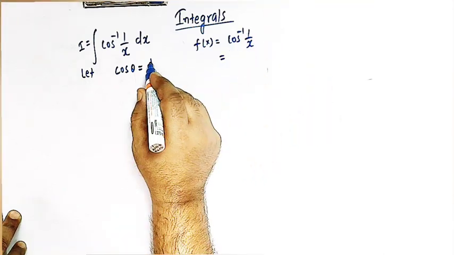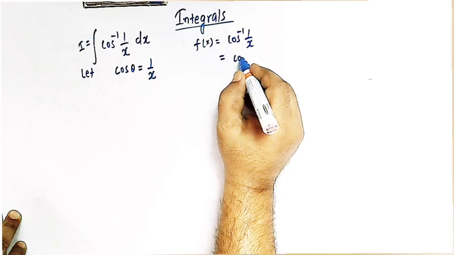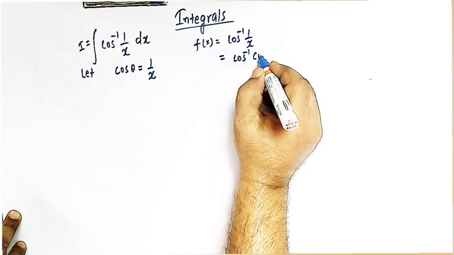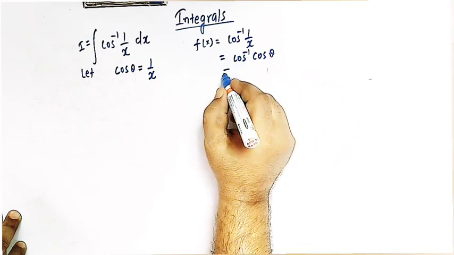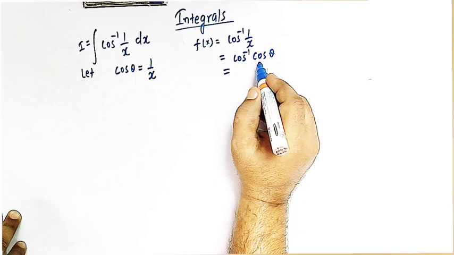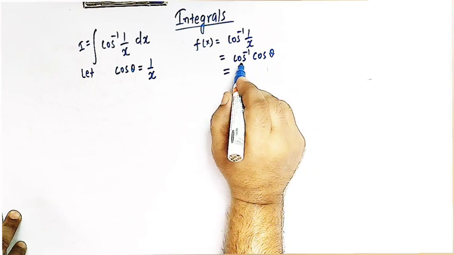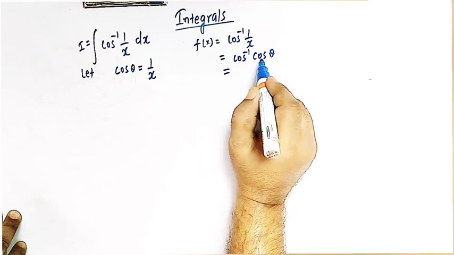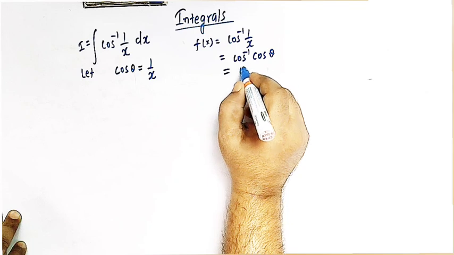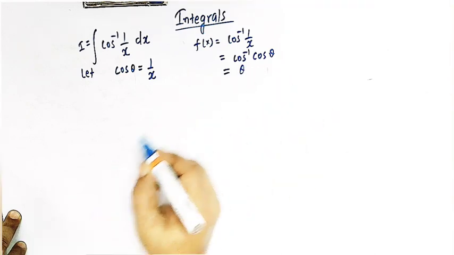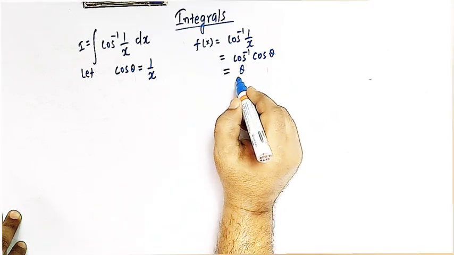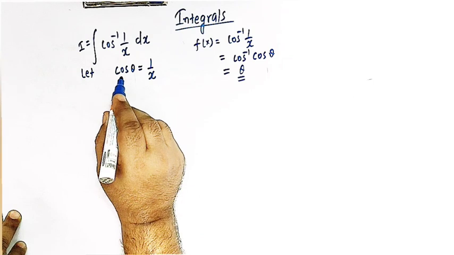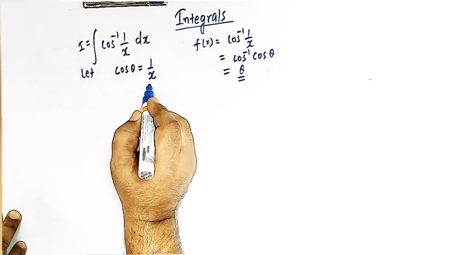Now when we take 1 over x as cosine theta, then we have cos inverse cosine of theta, and from the inverse trigonometric functions we can write cos inverse cos theta is equal to theta, right? So f of x is equal to theta, where cosine theta is equal to 1 over x.